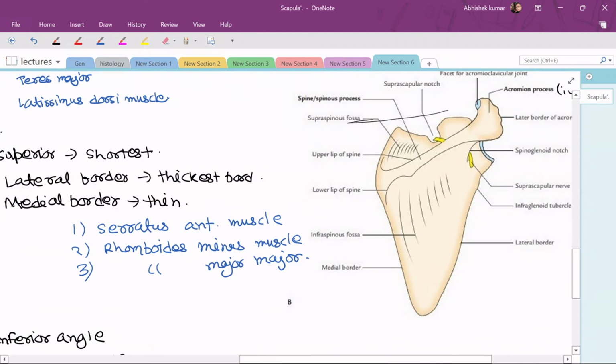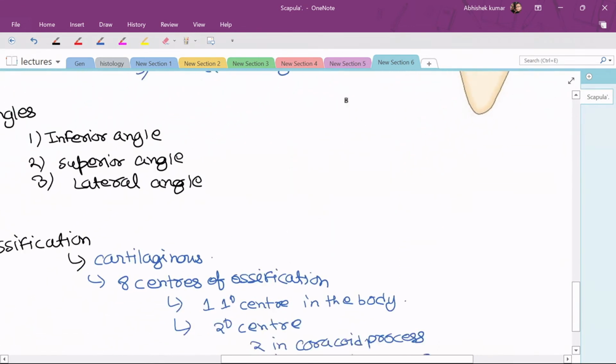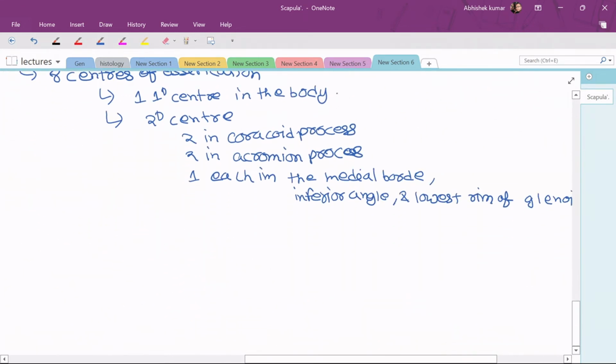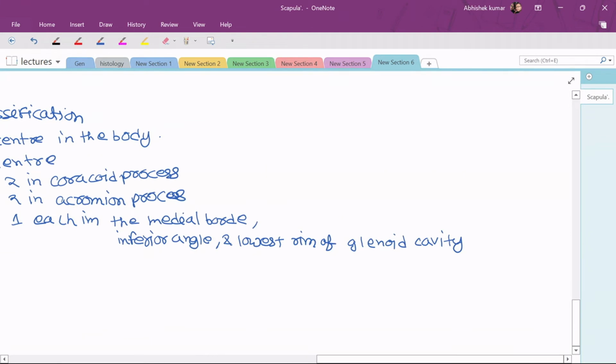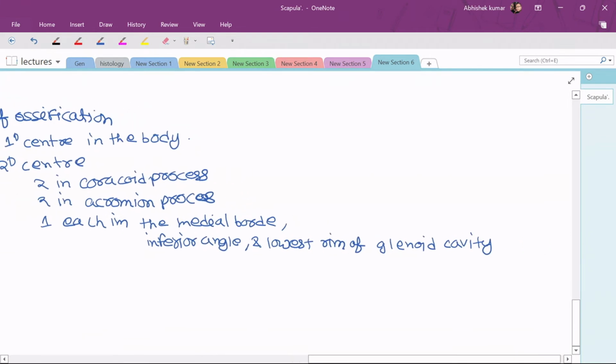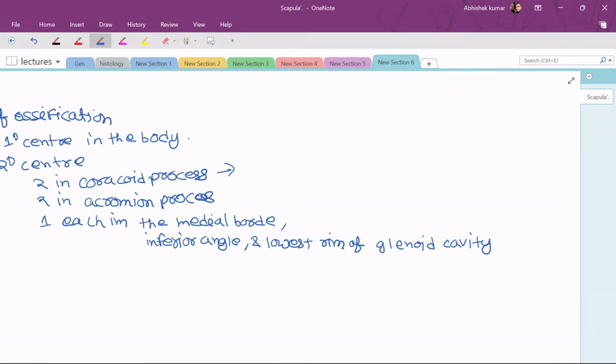Now let's talk about the appearance and fusion of these ossification centers. The coracoid one appears in the 8th week of intrauterine life and fuses at 15 years.